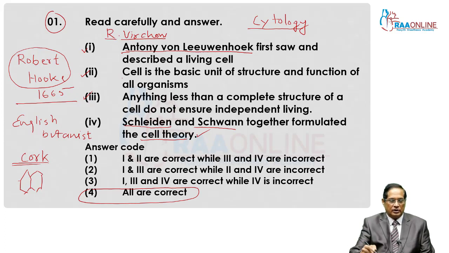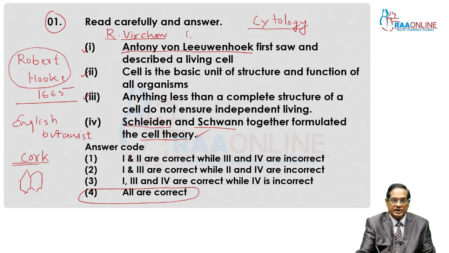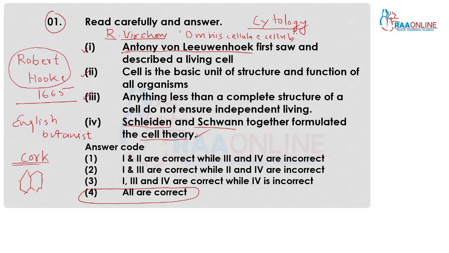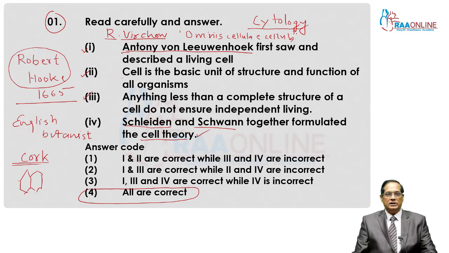R. Virchow stated omnis cellula e cellula, that is, every cell originates from a pre-existing cell. This statement was added by Mr. R. Virchow.